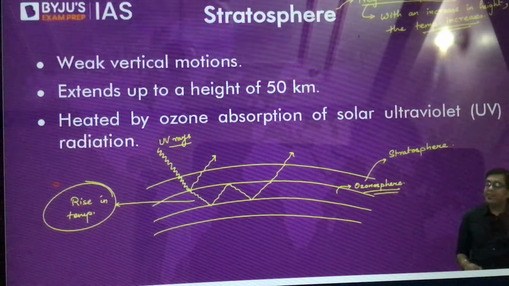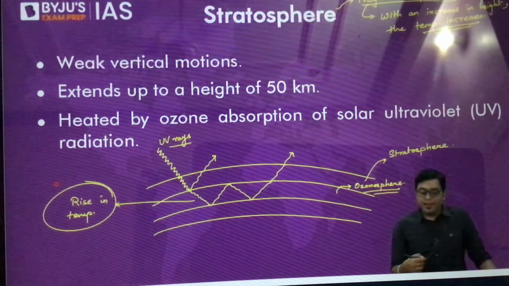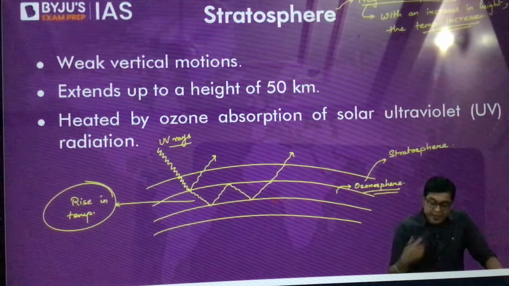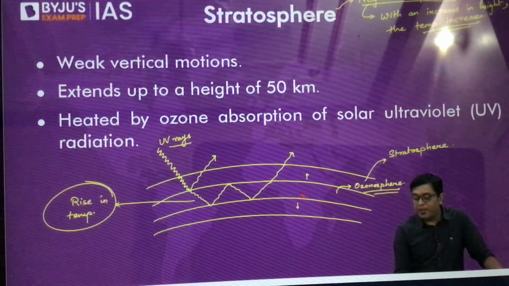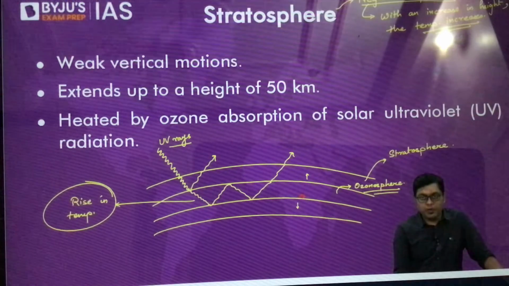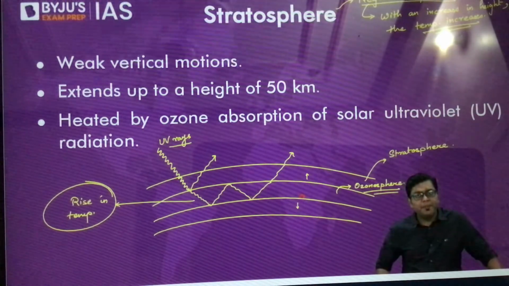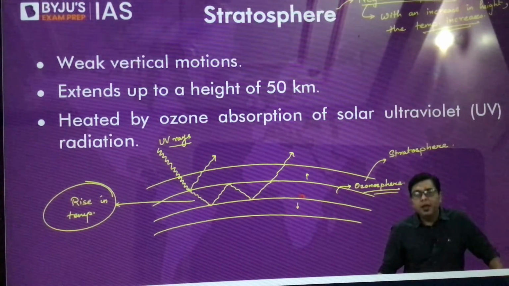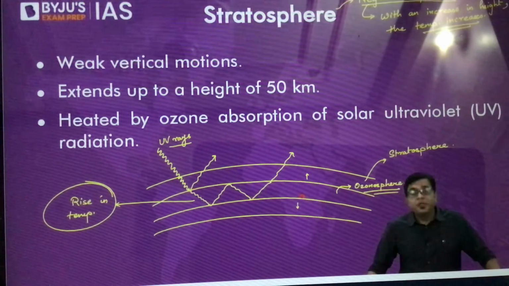Because these ultraviolet rays are trapped. Now what that means is basically that this will get heated up and it will transmit heat. The ozone layer or the ozonosphere will transfer heat in both the directions, in the entirety of stratosphere. That is why as you move higher up from troposphere, you will come across a higher temperature in the region of stratosphere.